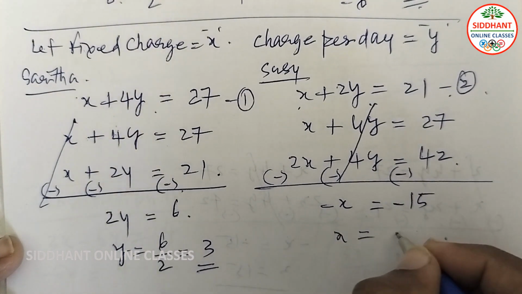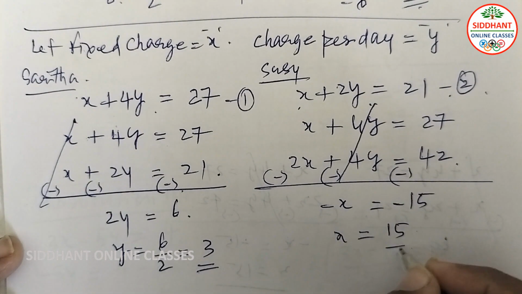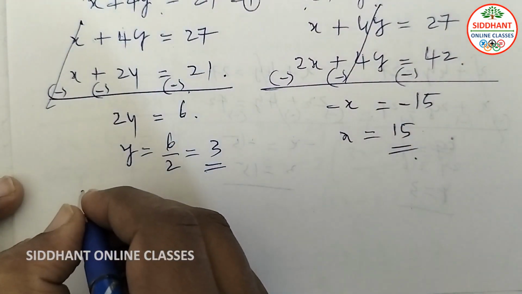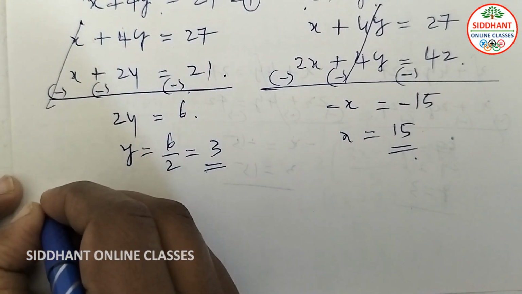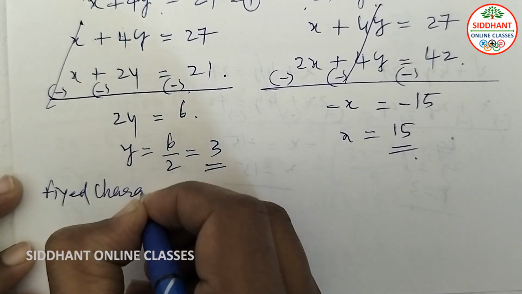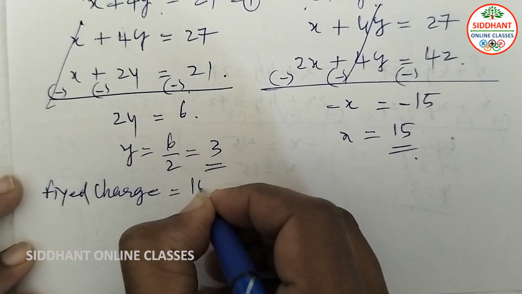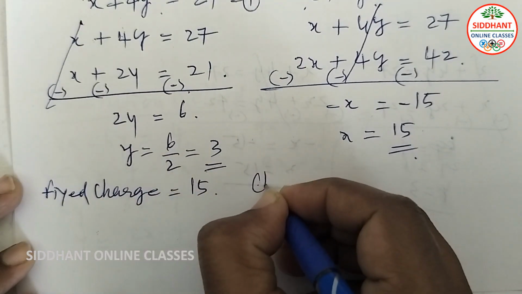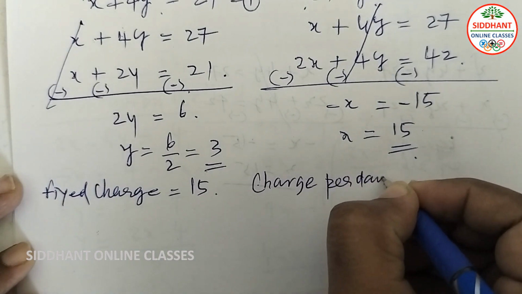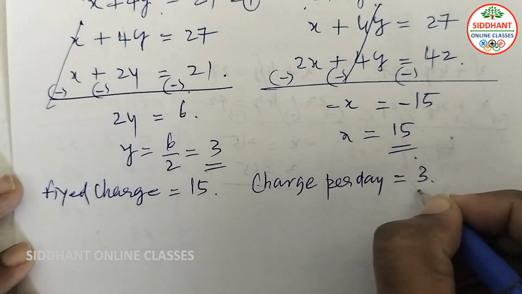Then x equals 15 here. That means the fixed charge is 15 rupees, and the charge per day is 3 rupees here.